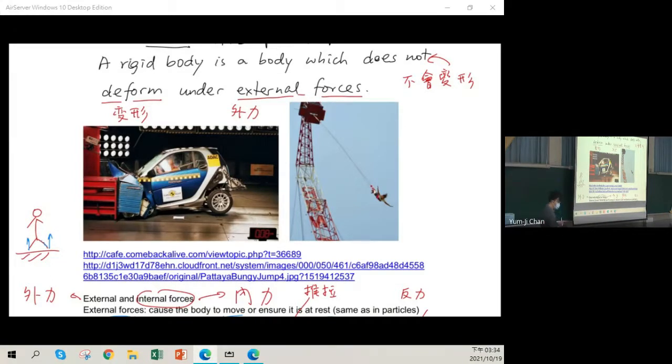This is like a bungee jump, right? So let's draw a free body diagram on this part.